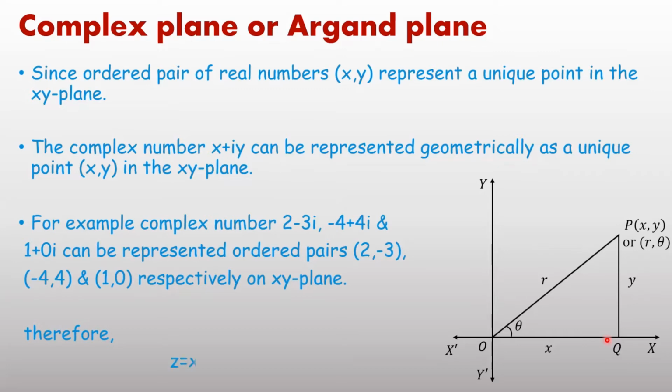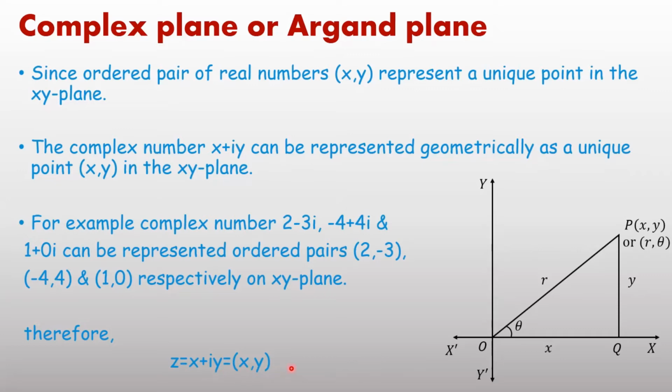Therefore, if any complex number is written as x plus iy, we can also write this number as x comma y. If a complex number is written as x comma y, it implies it is x plus iy.